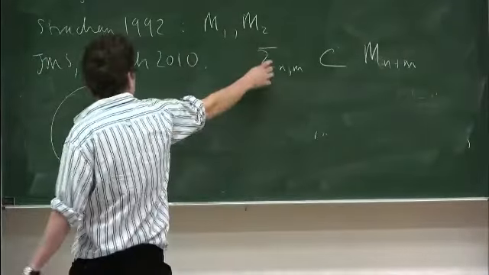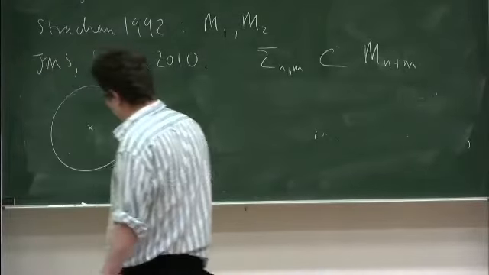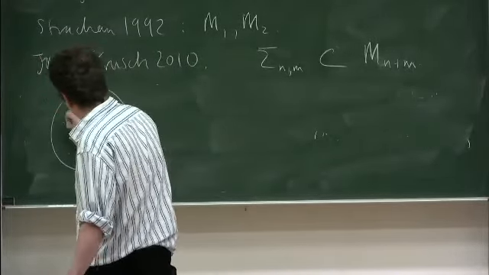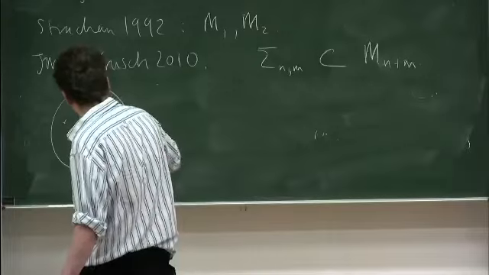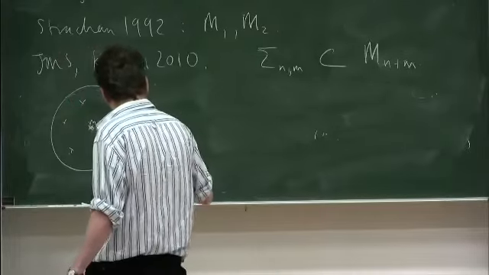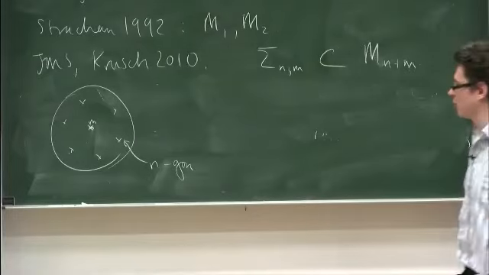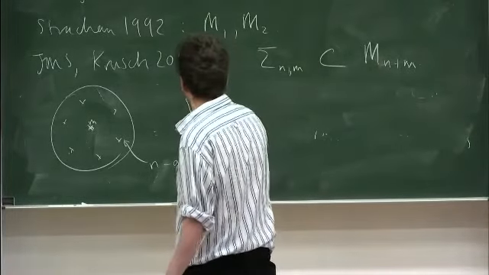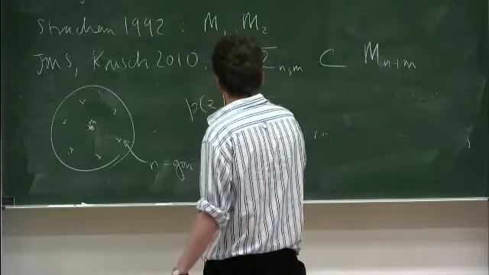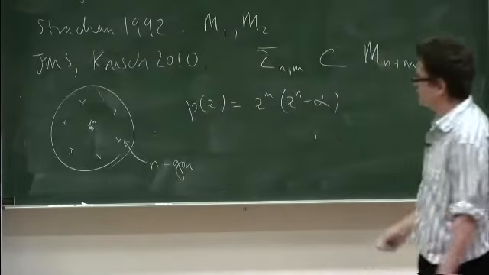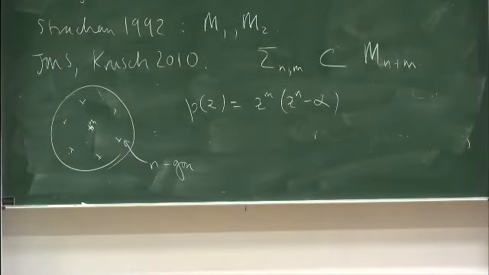So this disk, this two-dimensional submanifold, consists of, you stick m vortices in the middle and arrange n vortices on the vertices of a regular n-gon. So the corresponding polynomial will be z to the m, times z to the n minus alpha. Okay, so you can always define this disk for all n and m.